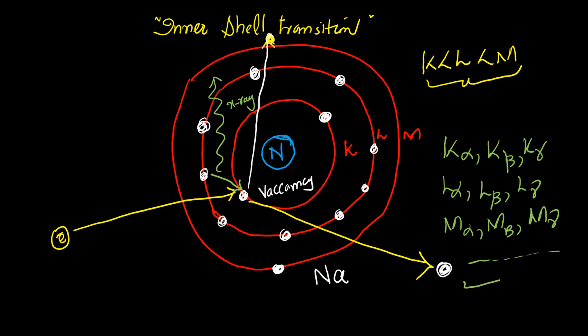The type and nature of the characteristic X-rays will depend on the shell, or on the type of energy level from which the inner shell transition occurs.